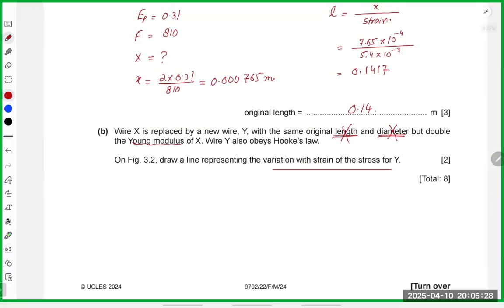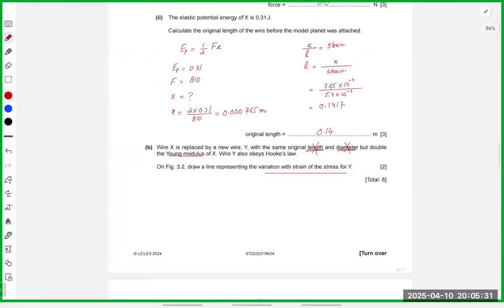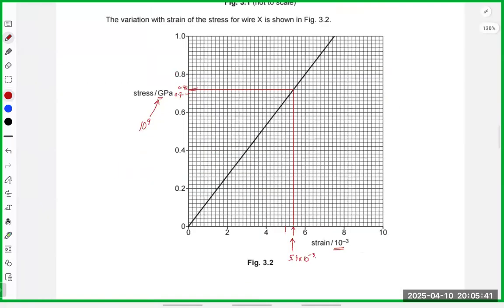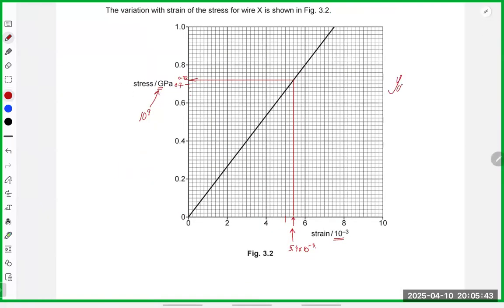It has double this. So, simply, do you know that the gradient of this graph is Young's modulus? So if we have double Young's modulus, we should have double gradient.